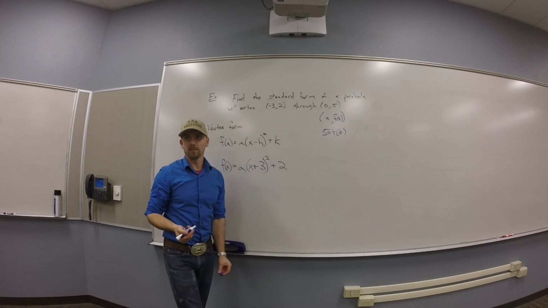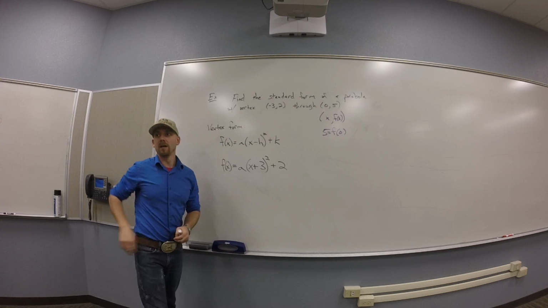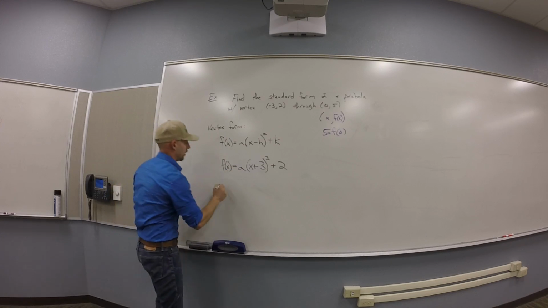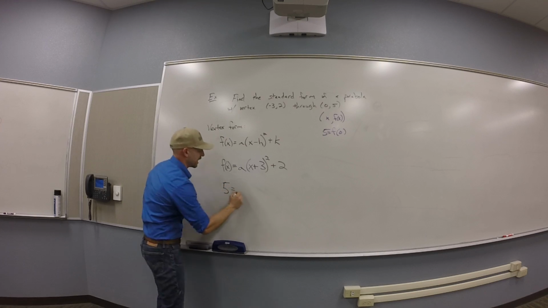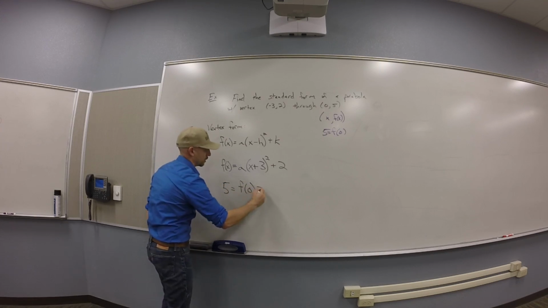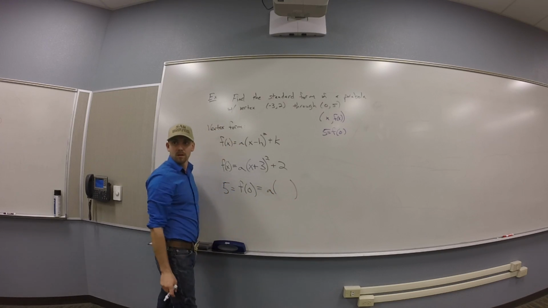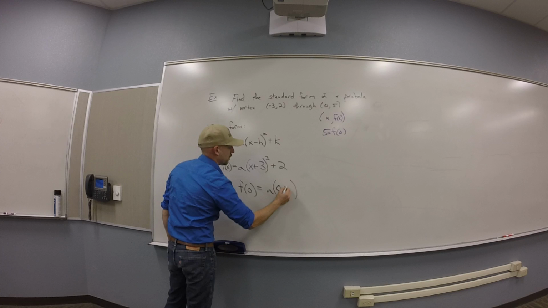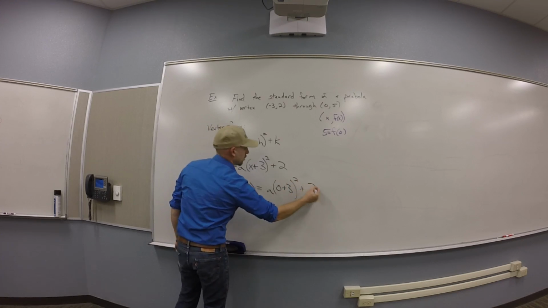You guys see that? So I need to take that information over here, and now I can calculate 5, which is f of 0, which is a times 0 plus 3 squared plus 2.